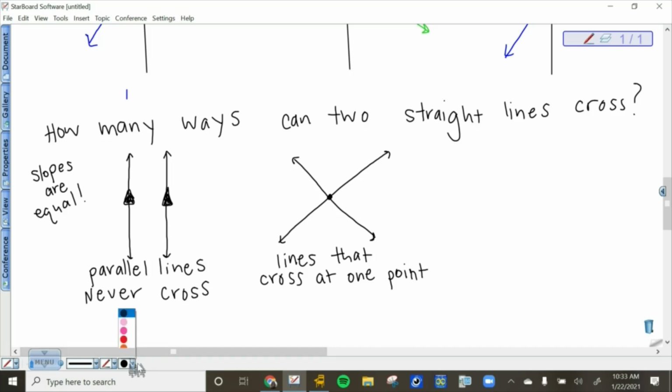And then one more is if we have two lines that are exactly the same. So a line, and then another line on top of it. So these are the same line. Those are our three options of different types of systems of equations.